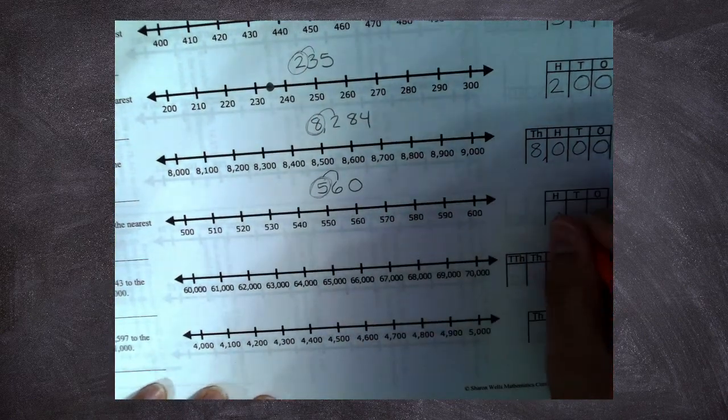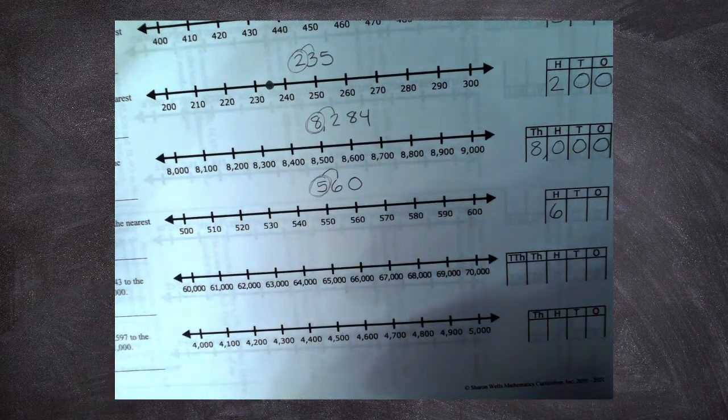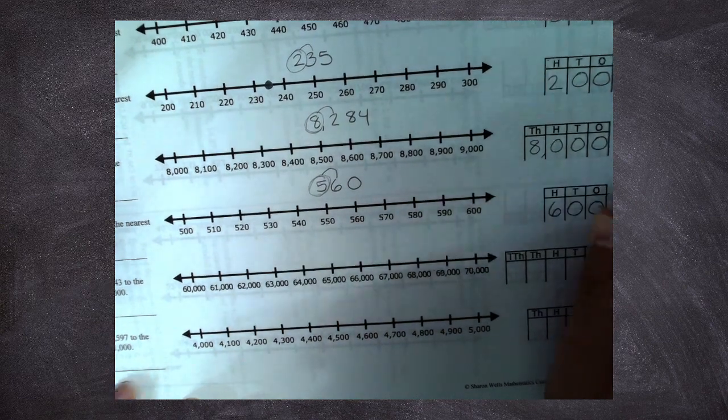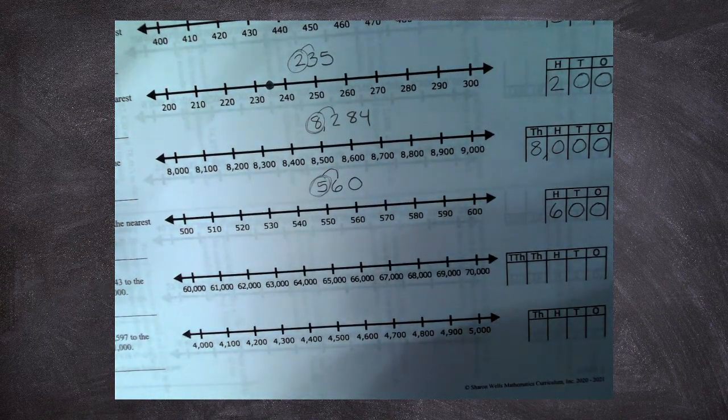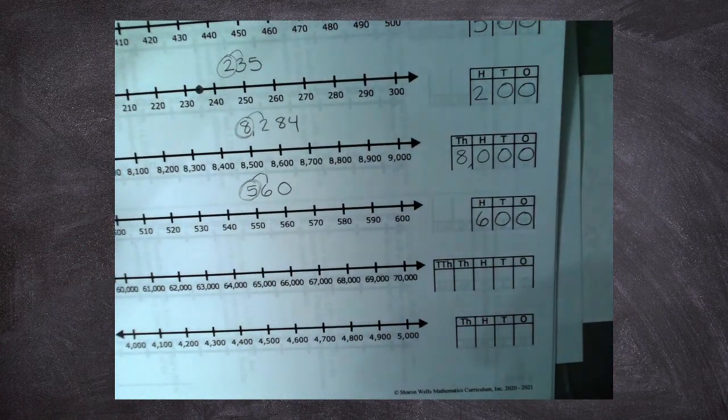So instead of 500, I have 6. And again, all the smaller place values turn to 0 so that I have a nice round number. So my answer would be 600. If I round 560, I get 600.